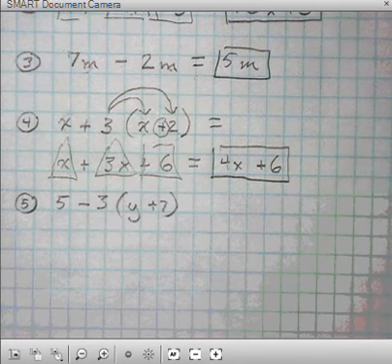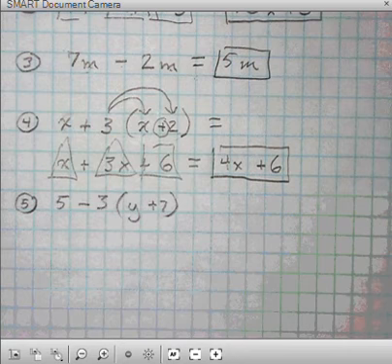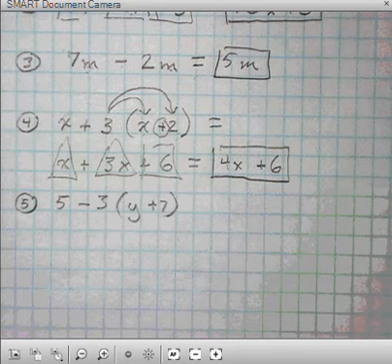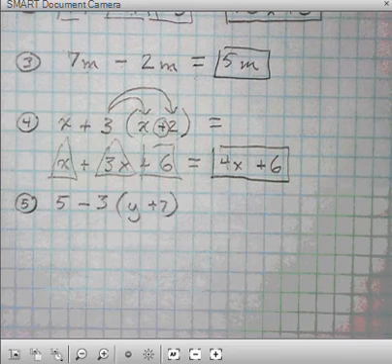No. William? 2y plus 14. Mm-mm. Brian? No. Toby? 3y plus 18. Mm-mm.